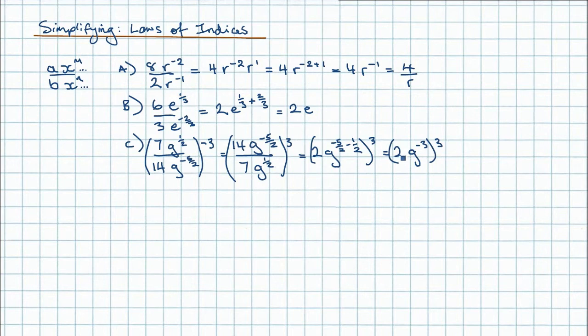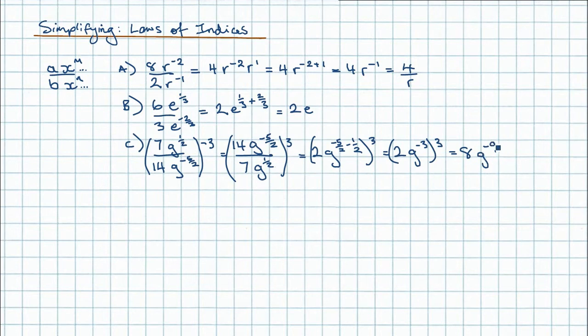Now, we can work with the number first. So cube the number will give us 2 cubed, which is 2 times 2 times 2, in other words, 8. And g to the minus 3, we simply, in this case, using the third law of indices, multiply the 3 by the minus 3, and we get g to the minus 9.